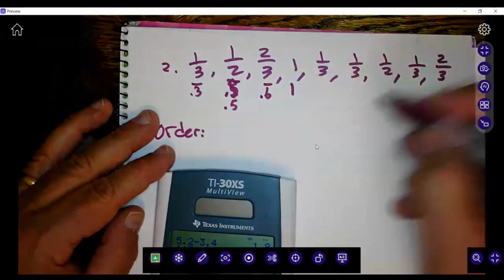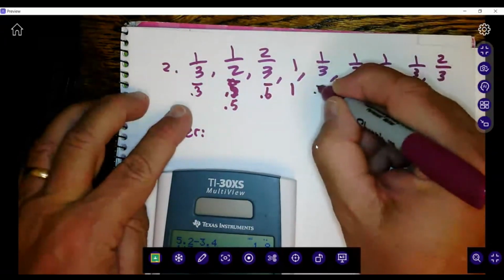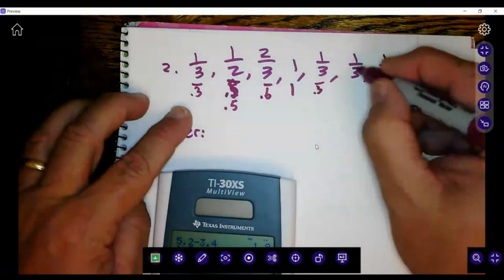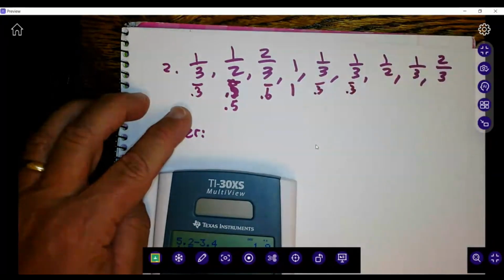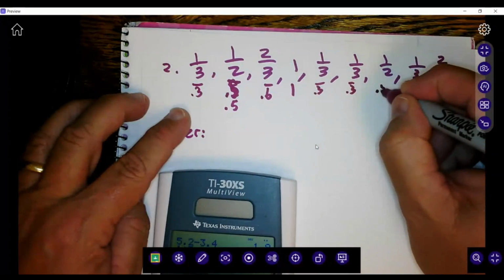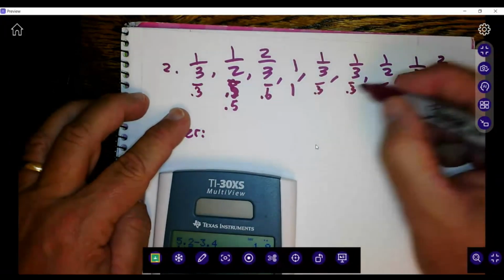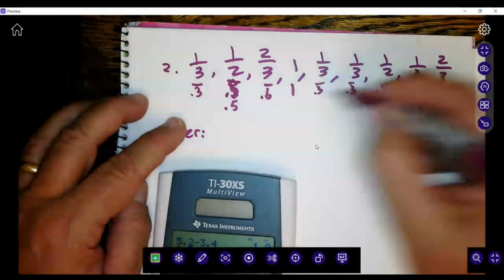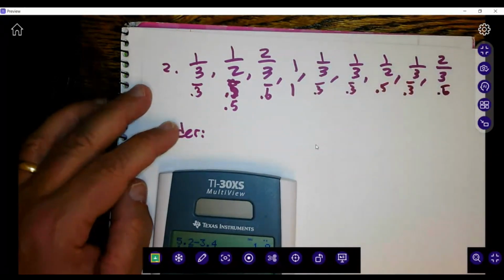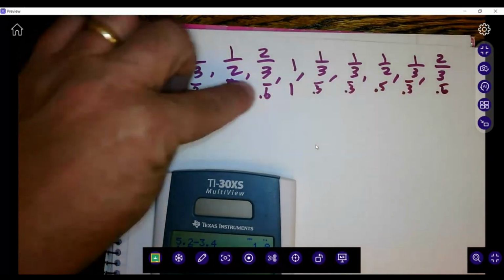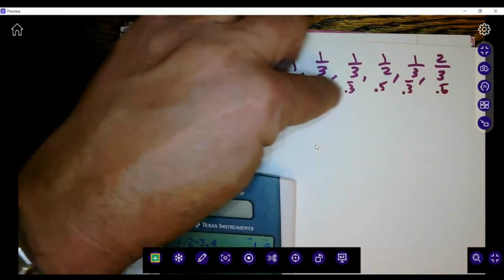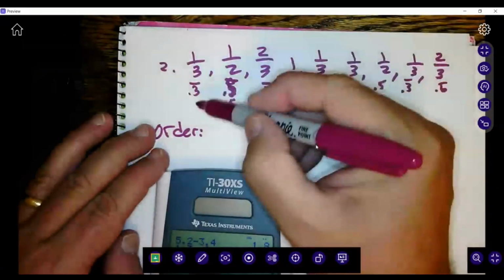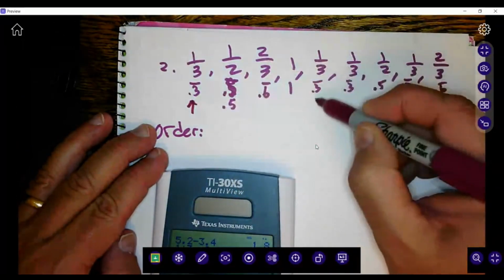And we have 1. 1/3 we already found was 0.3 repeating. 1/3 again is 0.3 repeating. 1/2 is 0.5. 1/3 is 0.3 repeating. And 2/3 is 0.6 repeating. So I have 0.3, 0.5, 0.6, 1, 0.3, 0.3, 0.5, 0.3, 0.6. The 0.3s are the smallest.